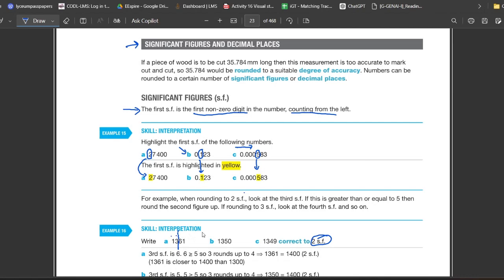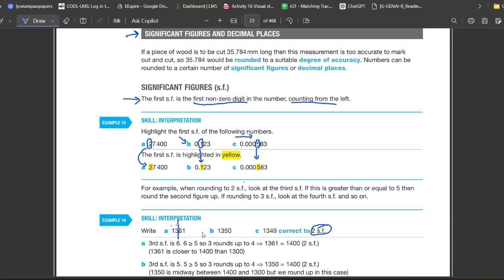But when we round, you have to consider something. We can round this 1361 into two numbers. So what should be the correct one? If this number is closer to 1300, it should be the rounded number.